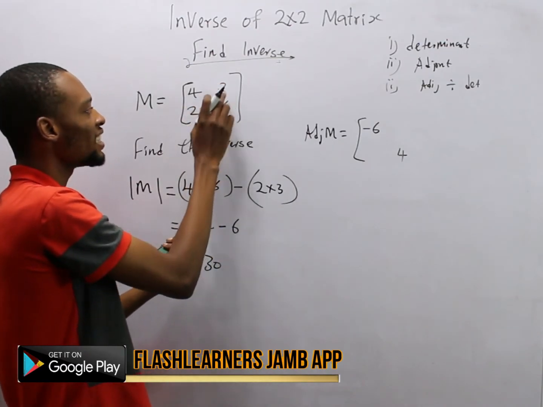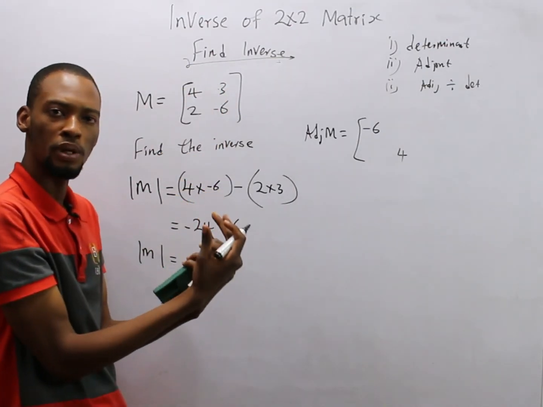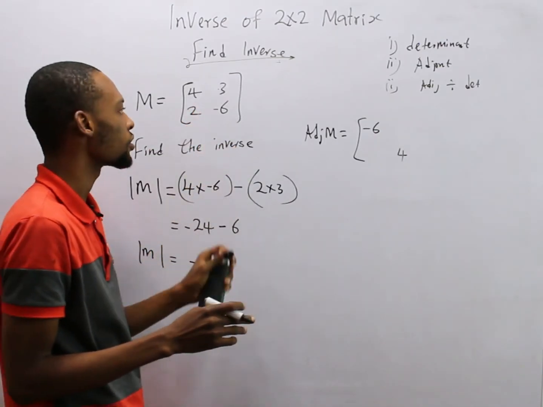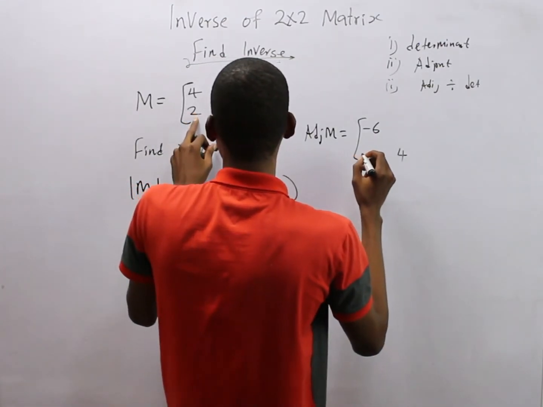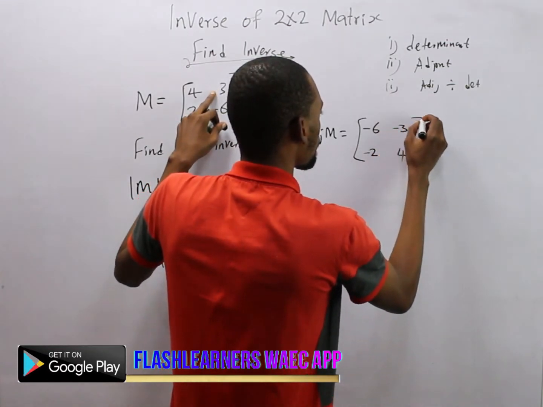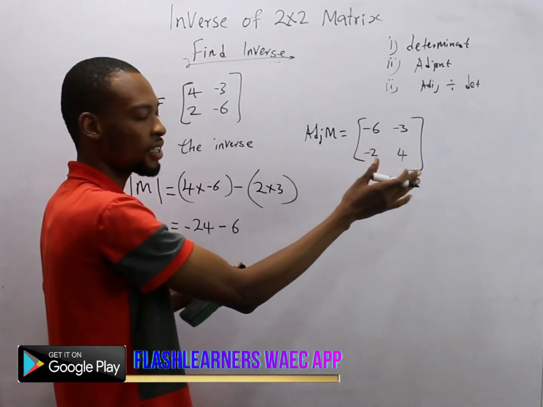So anything that is here and here, if it is plus, make it minus, and if it is minus, make it plus. So simply invert the sign. Since here is already plus 2, make it minus 2. Since here is already plus 3, we make it minus 3. Once again, if here we have minus 3, we change it to plus 3.